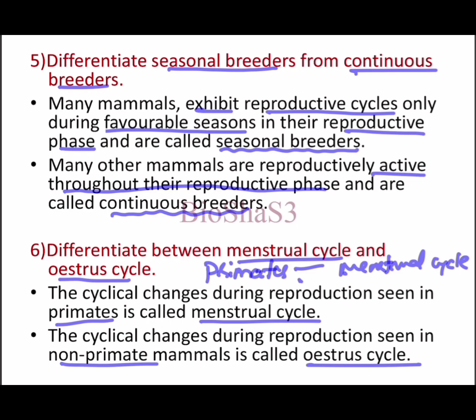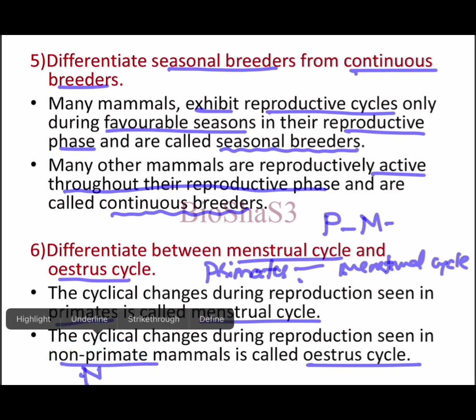Remember, primates menstrual cycle, PM, and for non-primates, non-primates starts with N, isn't it? No, oestrous cycle, O. So remember like this, non-primates oestrous cycle.